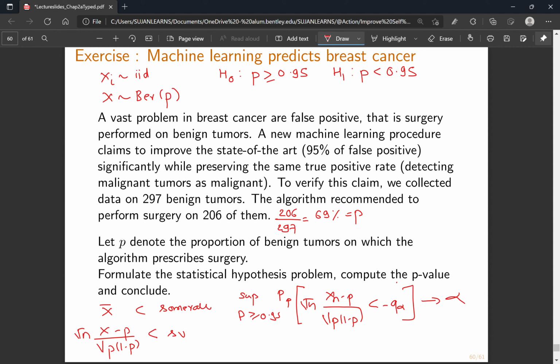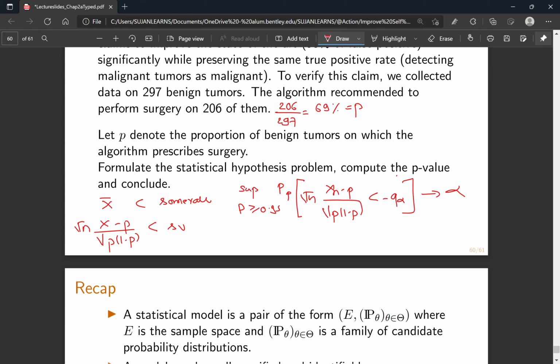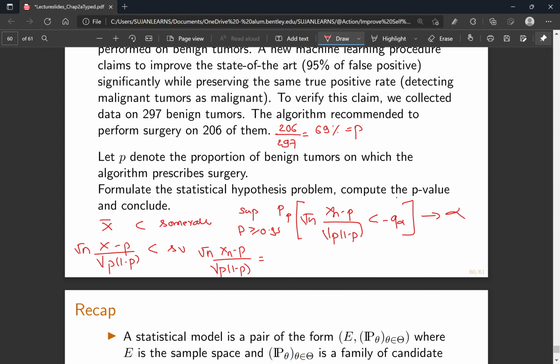That is all set. So let's calculate our p. What is our p here? We need to find the value of this expression, xn minus p over p times 1 minus p. What is n? N is 297. That's our size of sample.